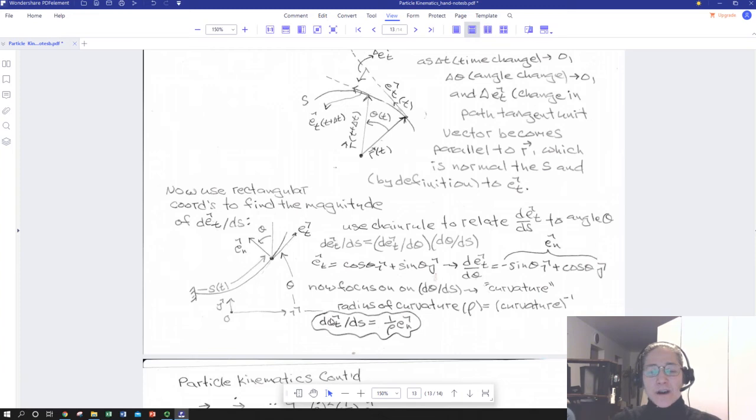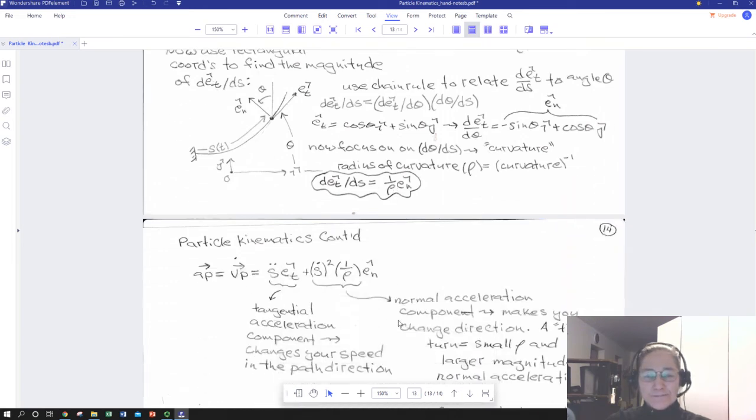Our change in our tangential unit vector with respect to distance traveled down the path is 1 over the radius of curvature in the normal direction. So this is like our centripetal term, equivalent to our polar cylindrical.